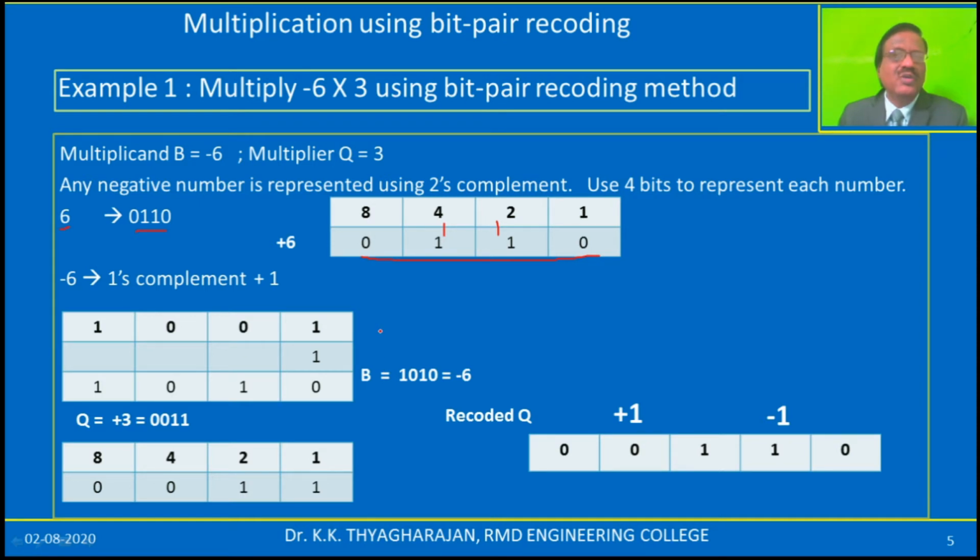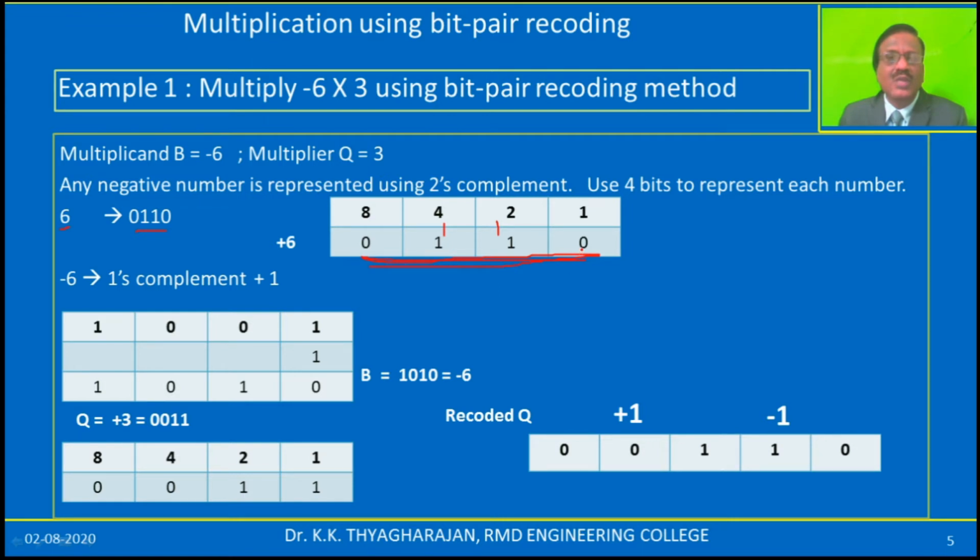If you want to get -6, you have to take the 2's complement of this binary code of +6, right? To take 2's complement, you have to take the 1's complement of this number and add 1 to it.